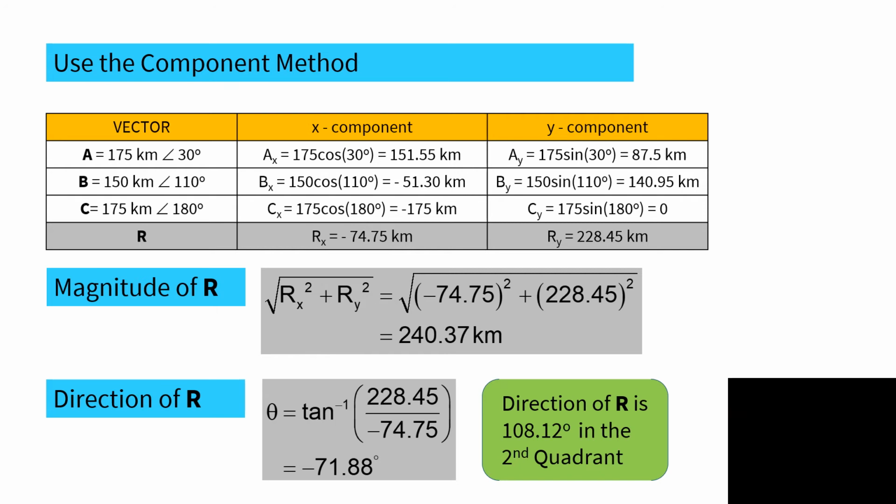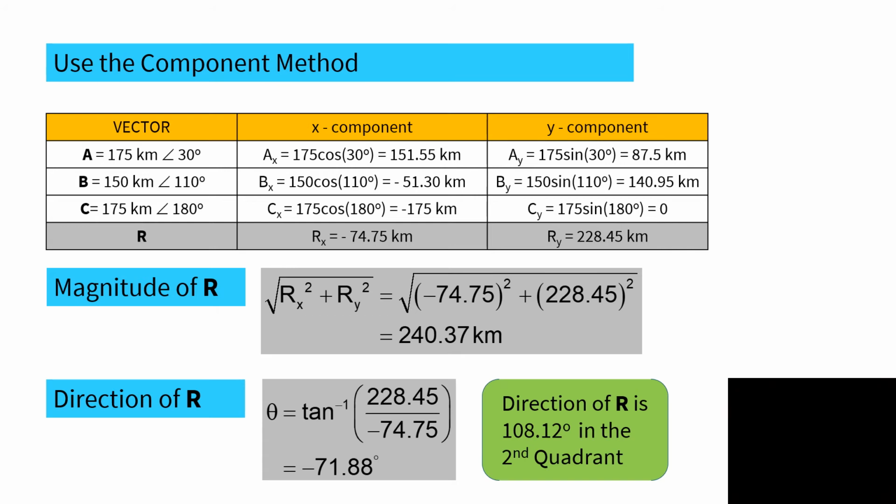Note that the angle used must be the direction of the vector, which is always measured from the positive x-axis. So for the x component, we have 175 cos 30 degrees, and for Ay, it is 175 sin 30 degrees.